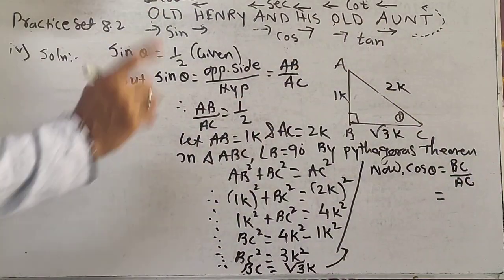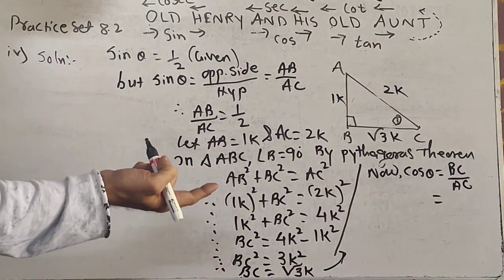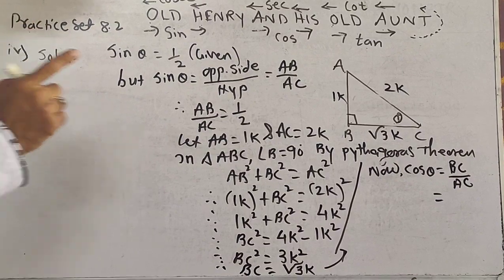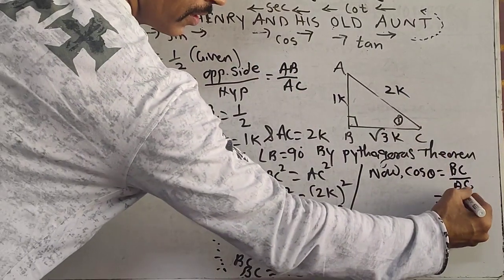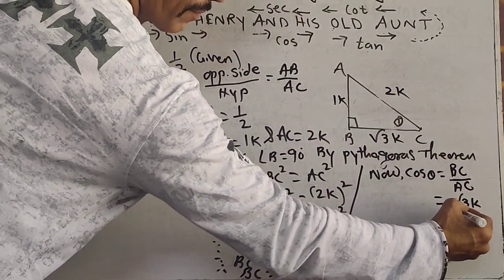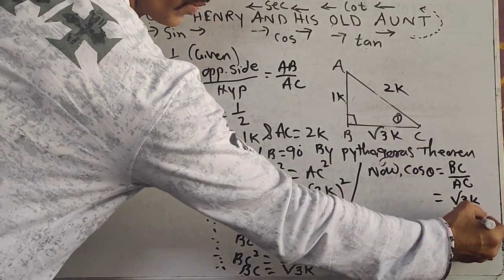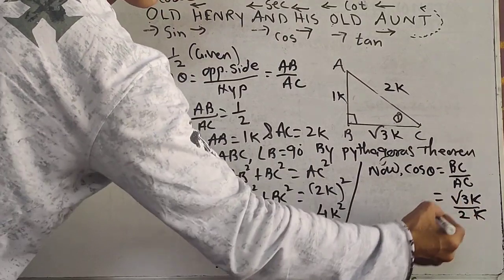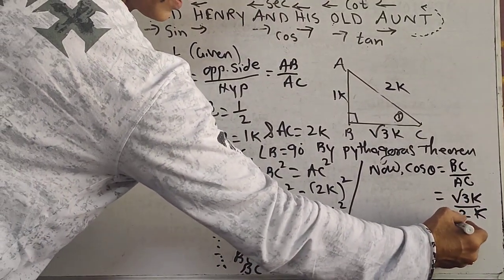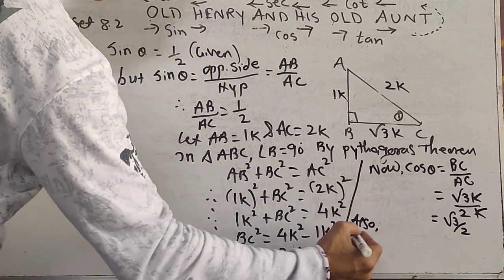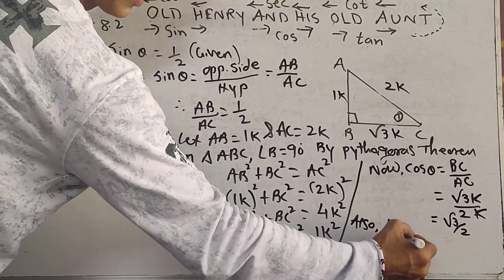Okay, there is no need to write adjacent side upon hypotenuse. Now directly you can write BC upon AC. तो BC है √3k और AC है 2k. K will get cancelled. You got the answer √3/2.